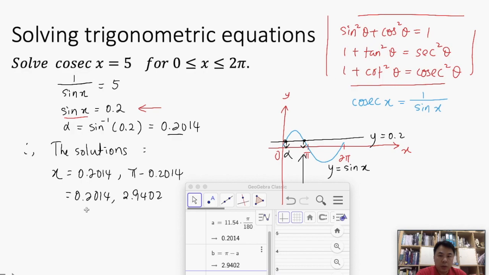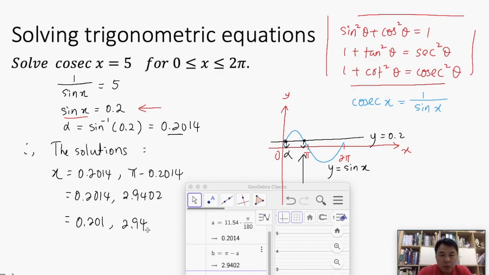Now, of course, for exam purposes, you can leave it as minimum 3 significant figures or more. In this case, you can leave it as 0.201, and then the other one is 2.94. Right?